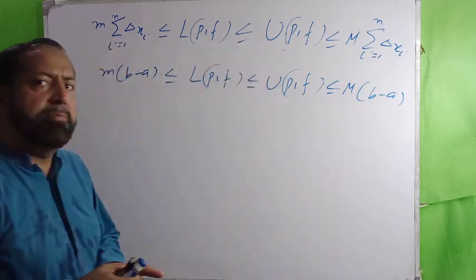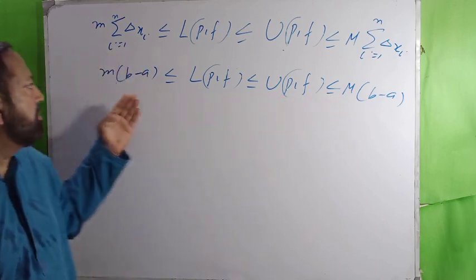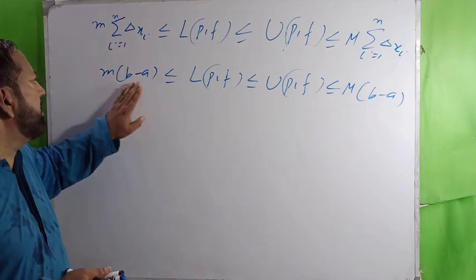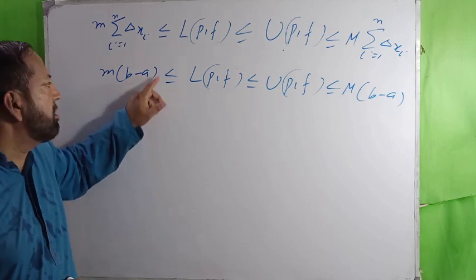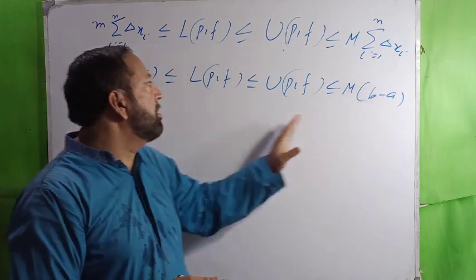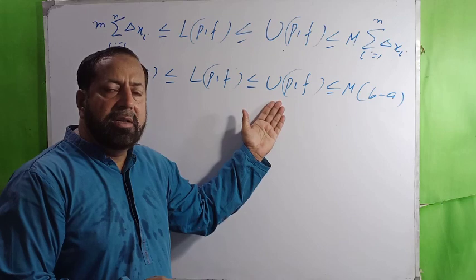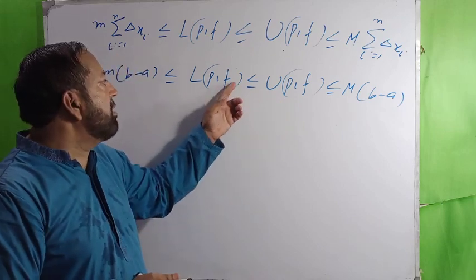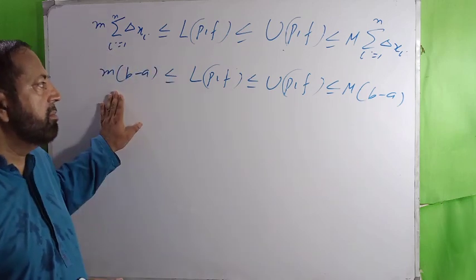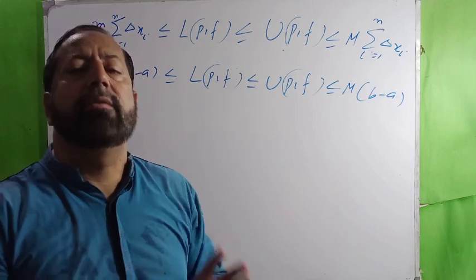What does it mean? That both the lower sum and upper sum are lying between two definite values, because you have the infimum, which is a number, and b minus a, both are given numbers, so it's a definite number. Capital M is a definite number. So this means that the lower sum and upper sum corresponding to a bounded function are lying between this number and this number. This means that both upper and lower sums exist, right?